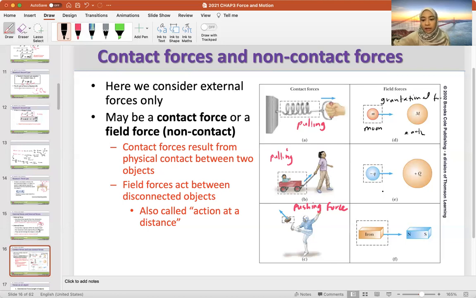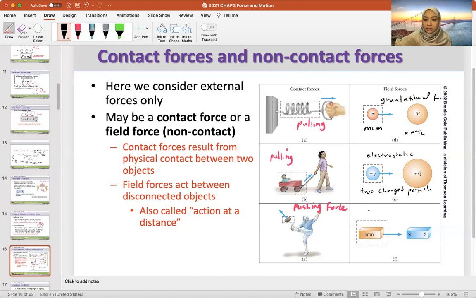Basically happens lah. And then we have the electrostatic force between two charged particles. So particle yang negatively charged and particle yang positively charged, they will be attracted to each other without even being in contact.